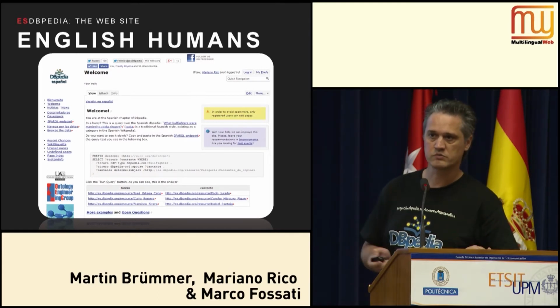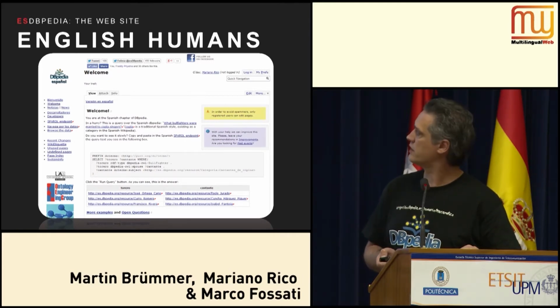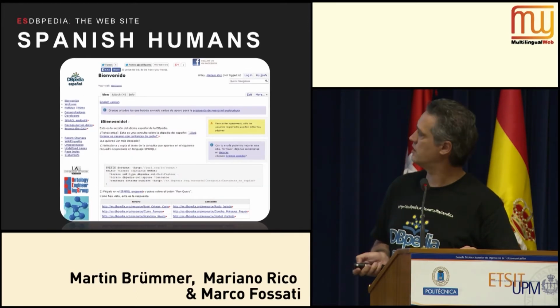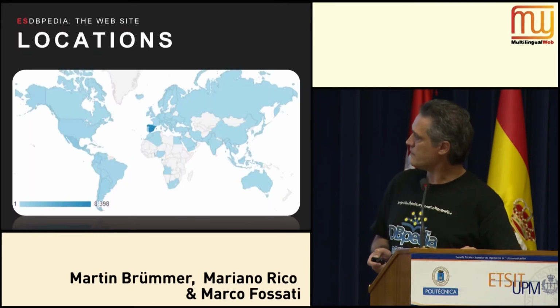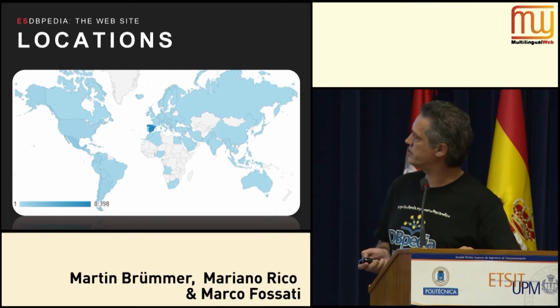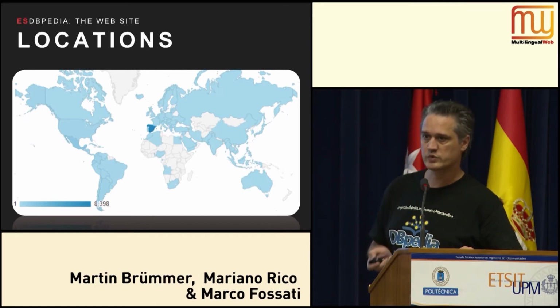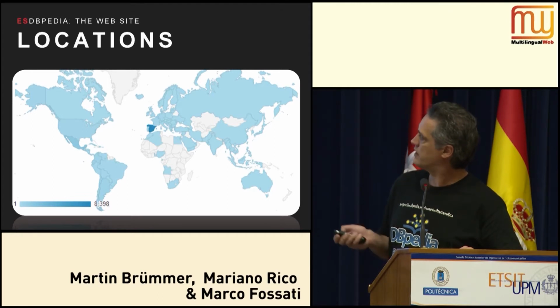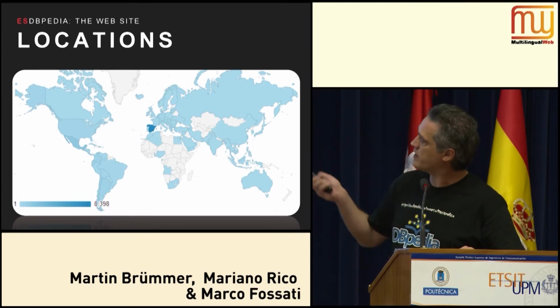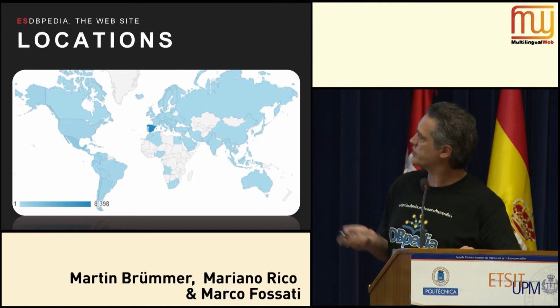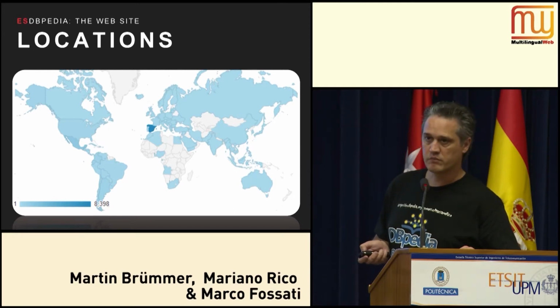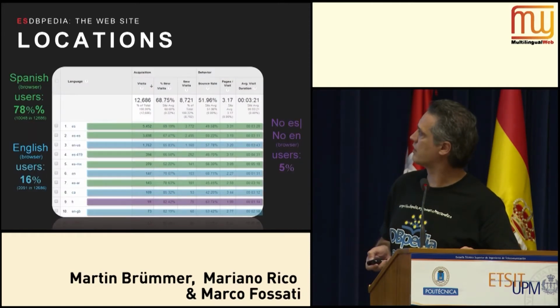It's a wiki, you can type and leave there all your knowledge. And in the case of the Spanish DBpedia, these are the locations of the queries we got, basically from Spain and the South American countries, but as you see, from many other places in the world.